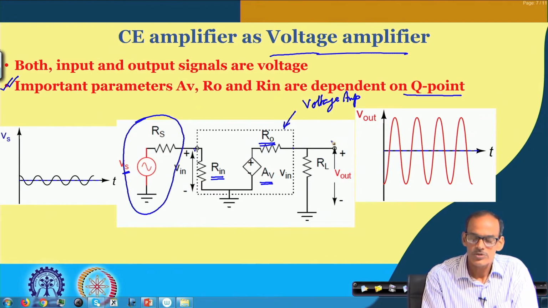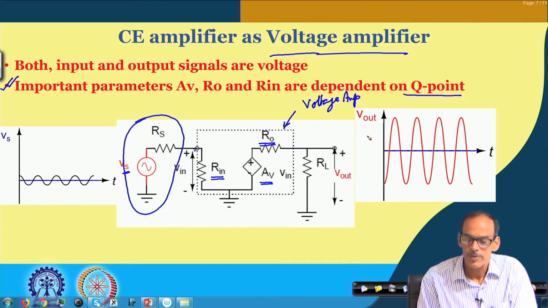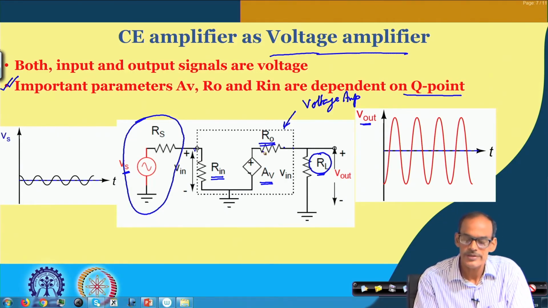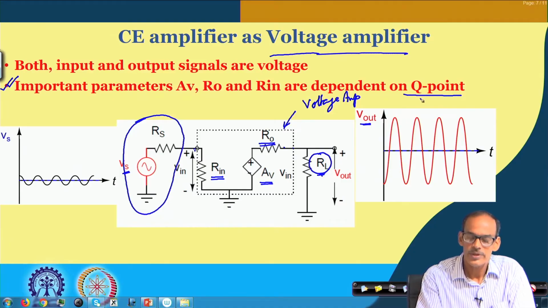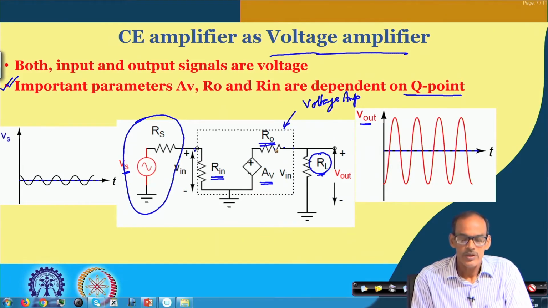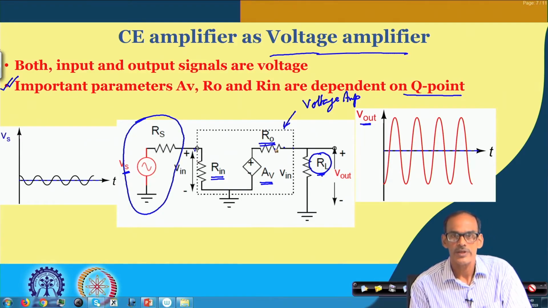Likewise at the output, while observing the corresponding output, we need to consider only the signal part, and if we connect any load, this load should not directly affect the operating point of the circuit. Otherwise, this load may change the operating point, and then indirectly change the small signal parameters. So, we need to be careful while fixing the operating point, or the biasing of the circuit.